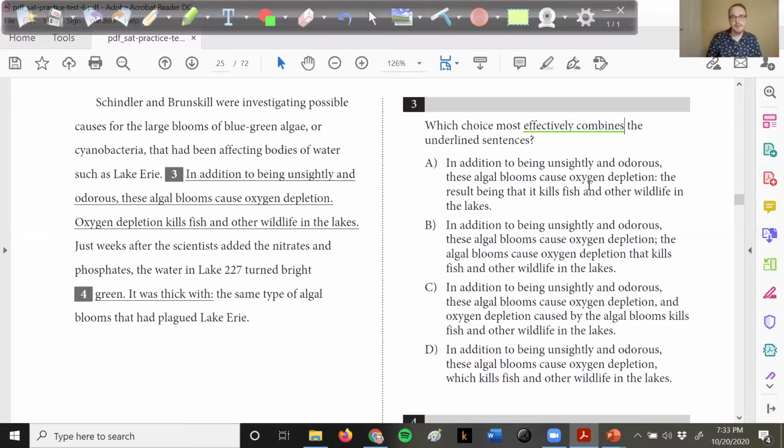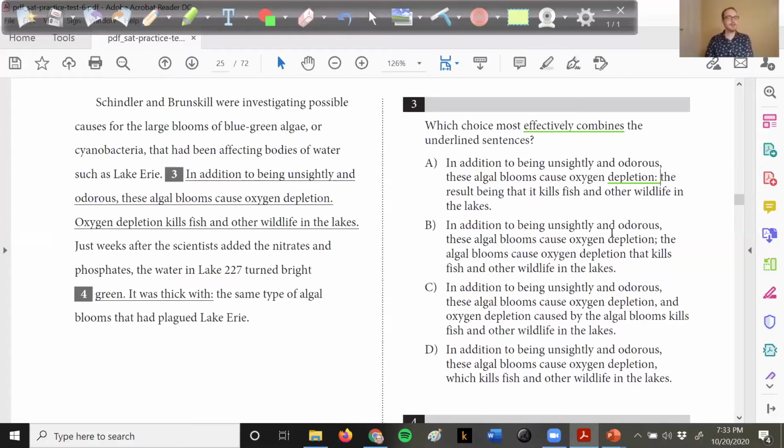So option A says, oh, and by the way, no change is not an option here. We gotta combine them. It's not up to us. In addition to being unsightly and odorous, these algal blooms cause oxygen depletion, the result being that it kills fish and other wildlife in the lakes. Well, the thing that kind of tips my hat to that not being a great choice is that questionable use of a colon.